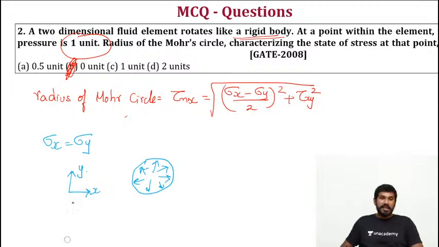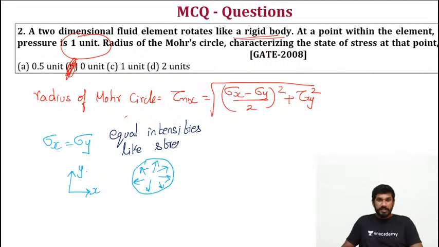We can rewrite it as equal intensities and like stresses. So both conditions are satisfied. Equal intensities, both are like stresses. That means both are tensile, acting away.